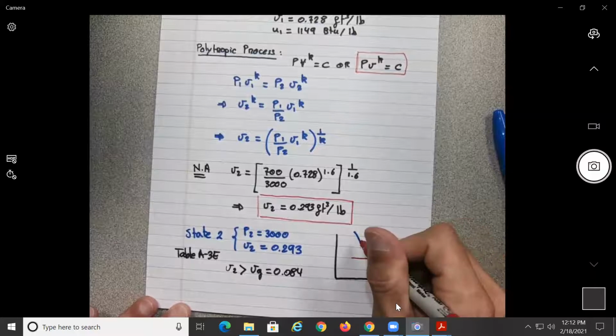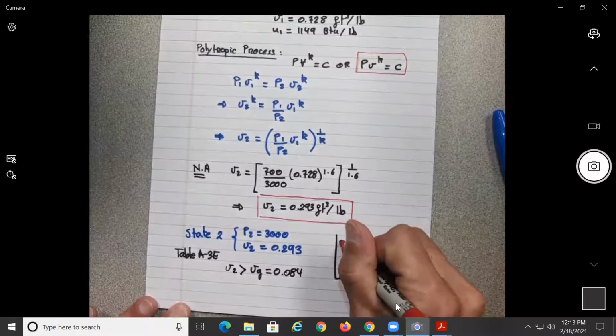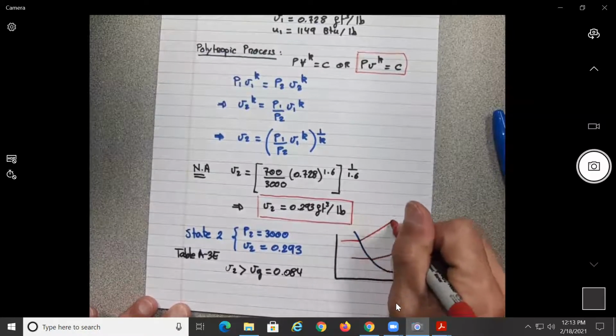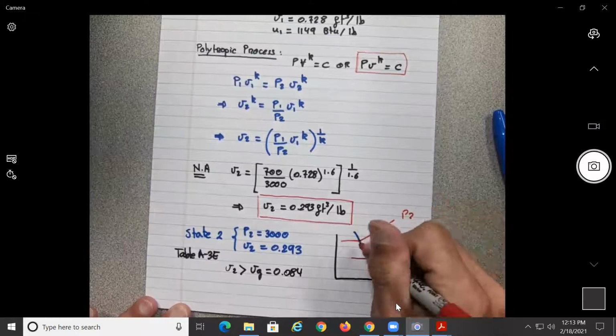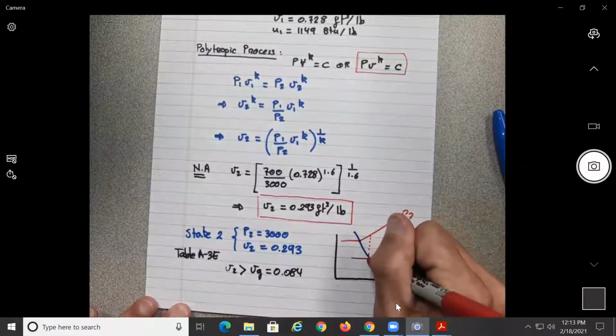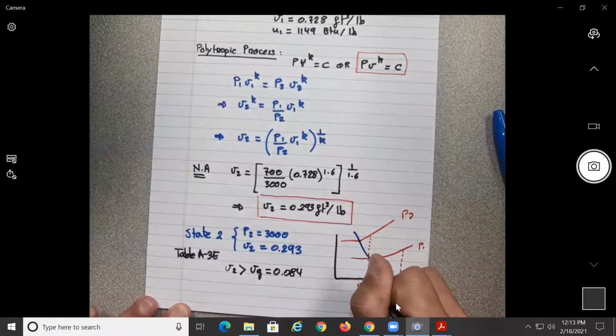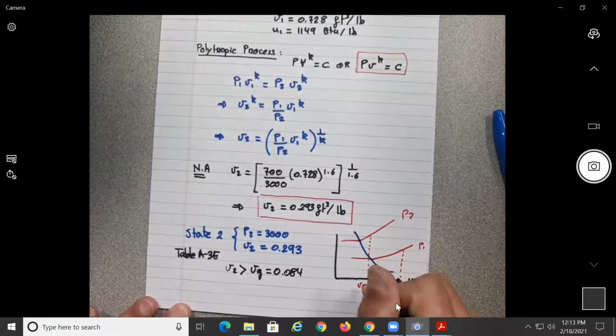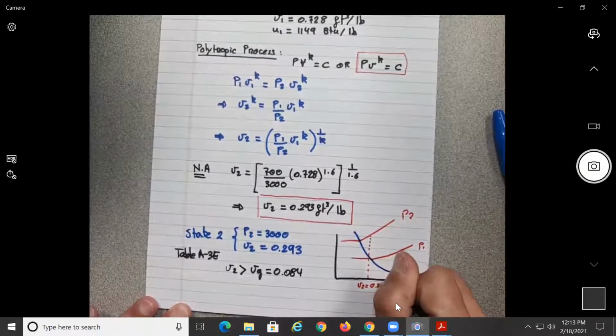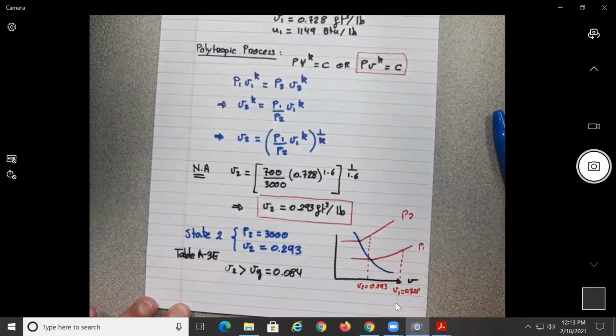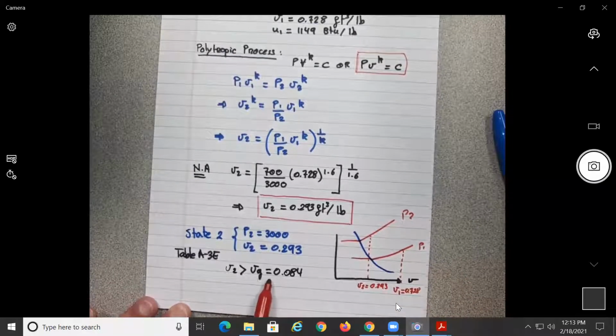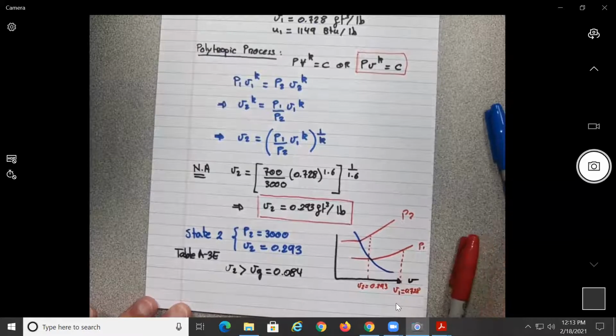Now we know that V2 is 0.293, so it's smaller than V1, okay? But because it's bigger than VG, this is VG over here.